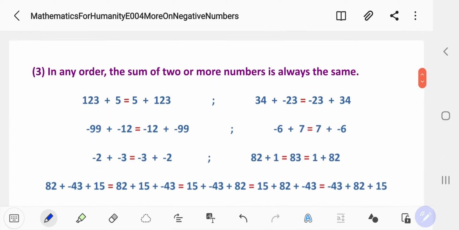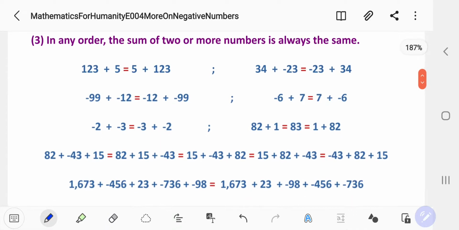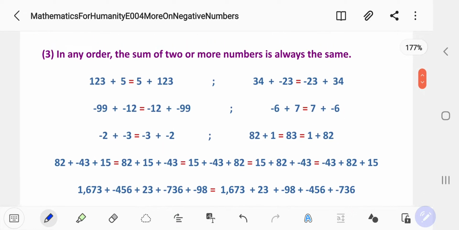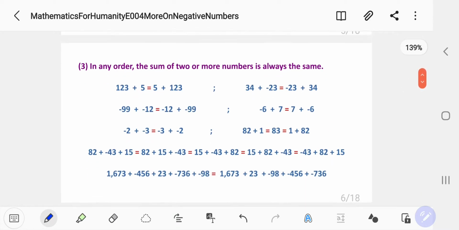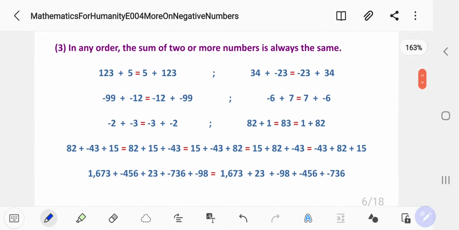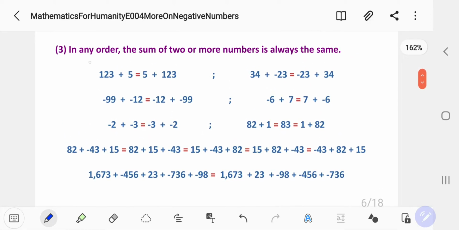And then we go to rule number 3. In any order, the sum of two or more numbers is always the same. So if you add 123 to 5, that gives the same number as 5 added to 123.